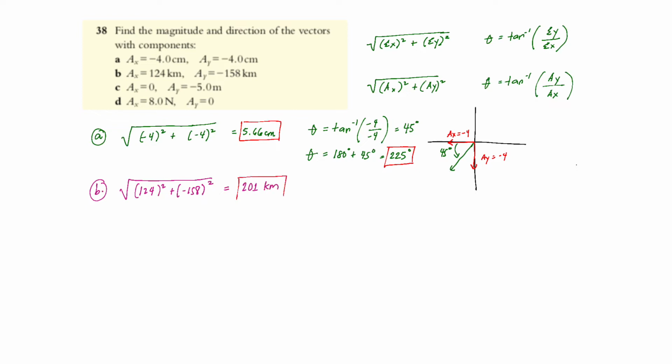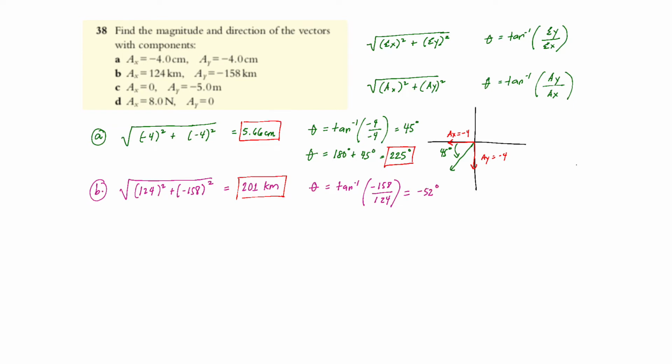And in what direction? For the direction, we're going to get again the arctan of negative 158 over 124. And so our final answer here would be negative 52 degrees.